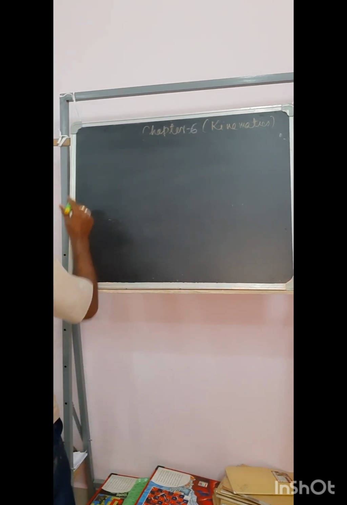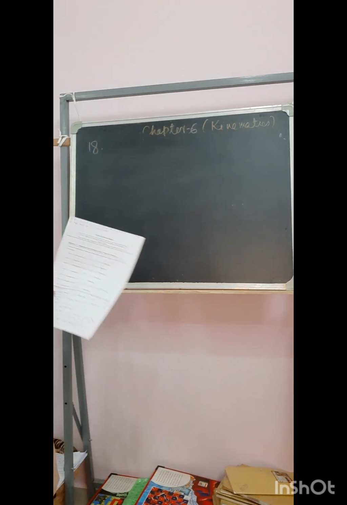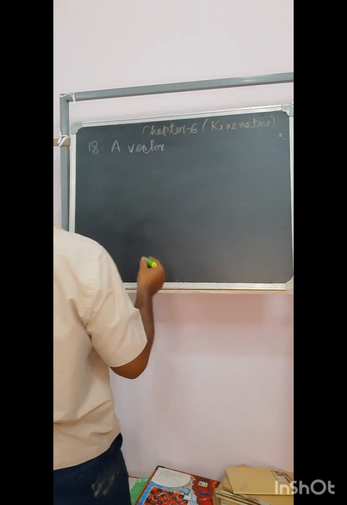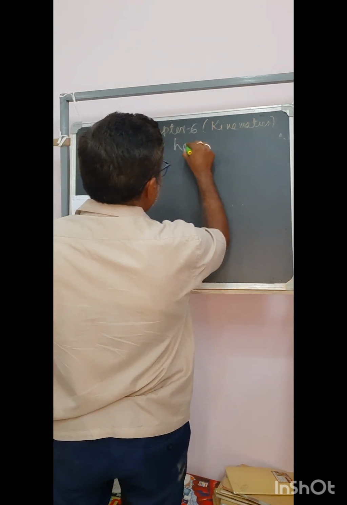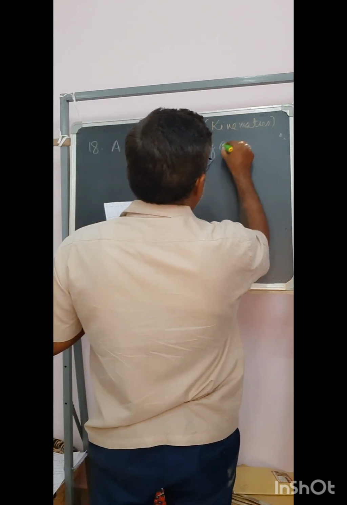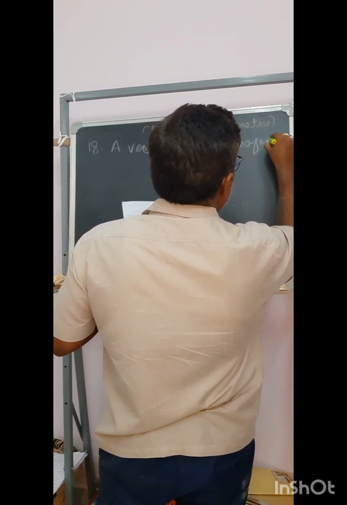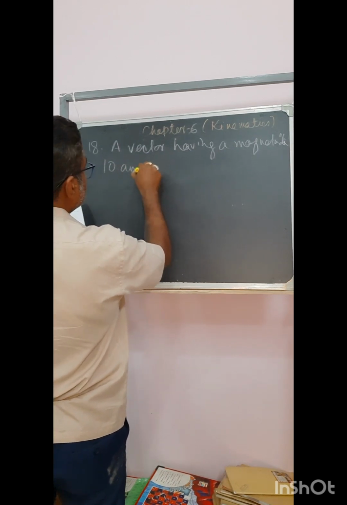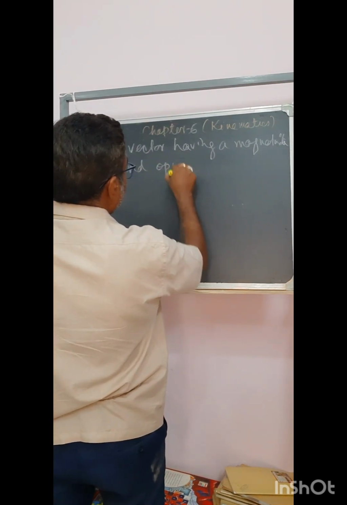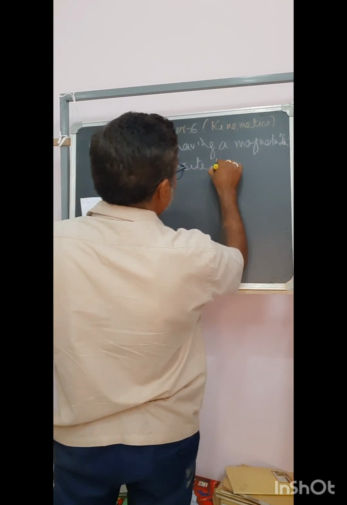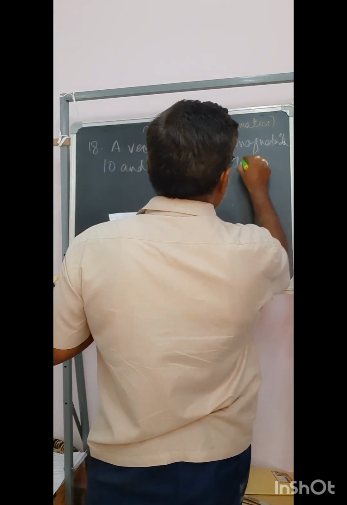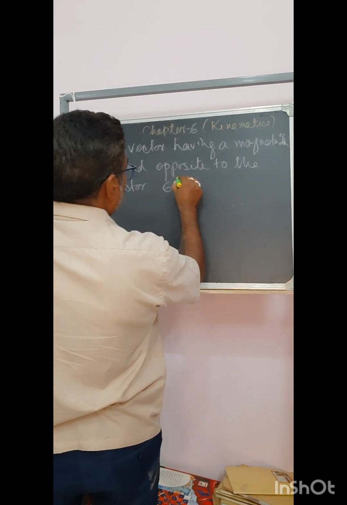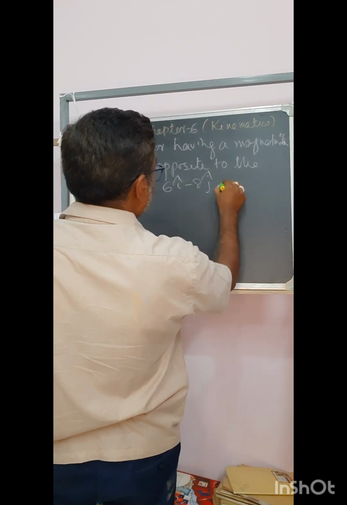That is problem number 18. A vector having a magnitude 10 and opposite to the vector 6i minus 8j is what?